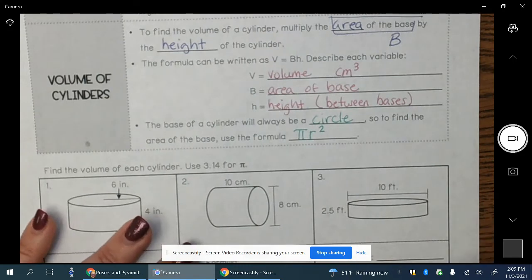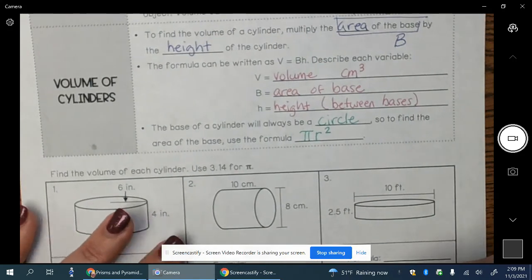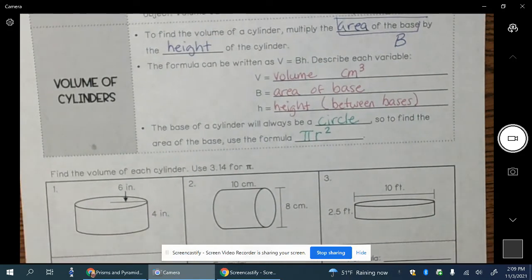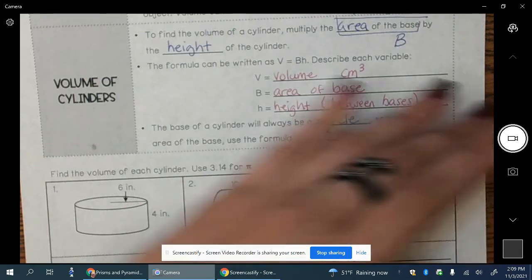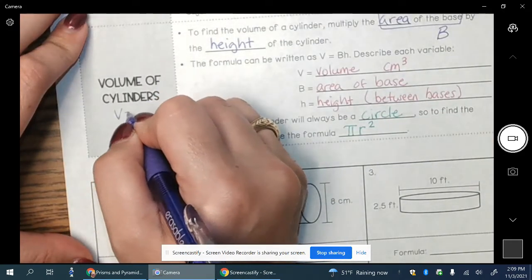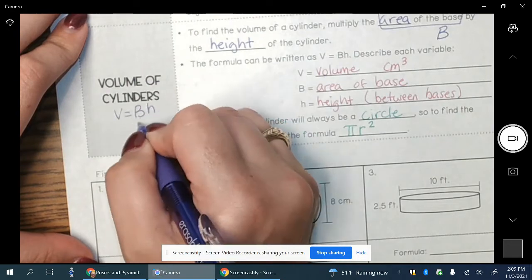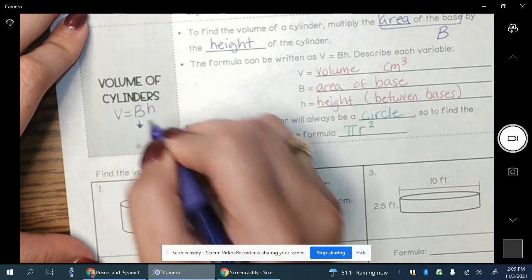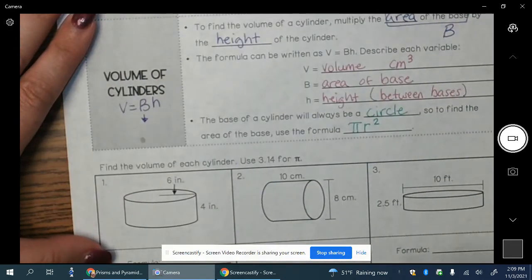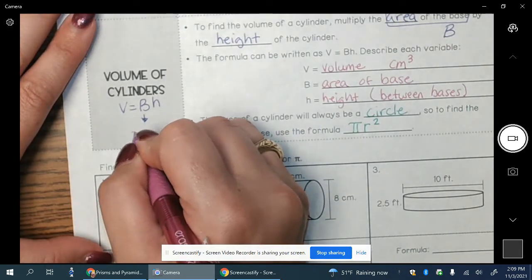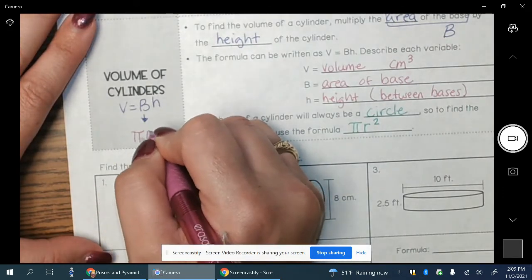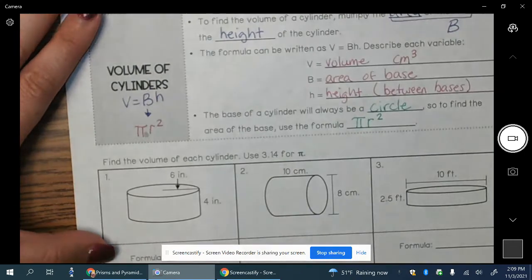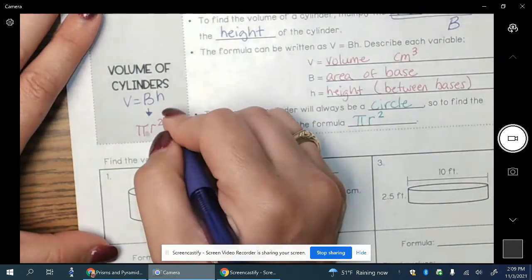Pi r squared. So our formula is V equals big BH. But instead of big B, we're going to plug in what? Pi r squared.